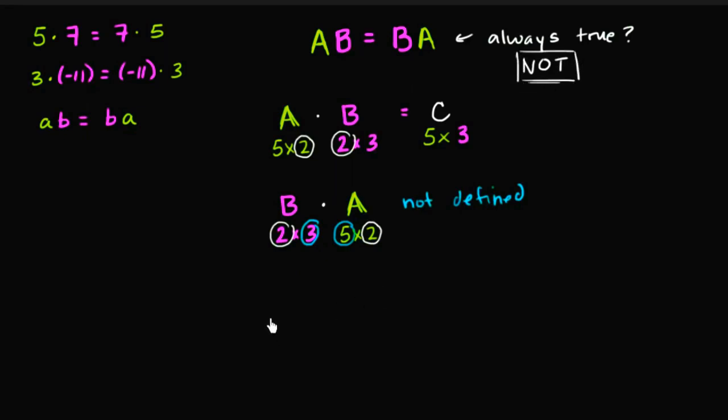To make things a little bit more concrete, let's look at an actual example. You might be saying, maybe this only fails when the product is not defined, but maybe it works if we're always dealing with square matrices, or matrices where both products are defined. So let's look at a case with two by two matrices and see whether order matters.